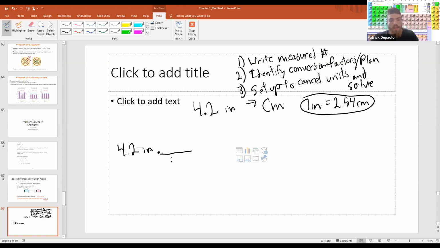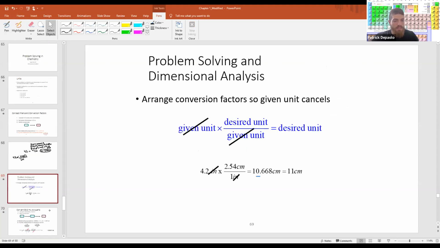So I know that 1 inch has to be in the denominator in order for inches to cancel out. Then I put in 2.54 centimeters, and then you solve. You see how inches cancels with inches? And then our only remaining unit is centimeters.